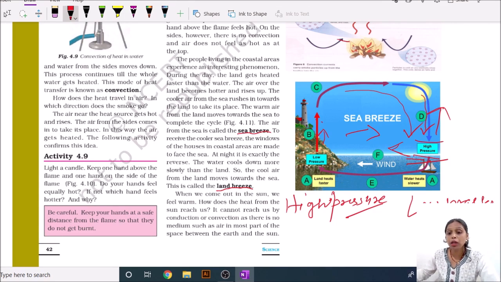That's why air blows from the land to the sea, and this process is called land breeze.